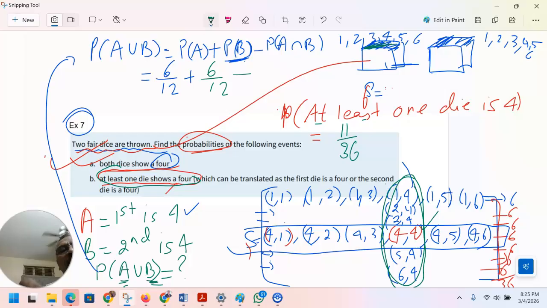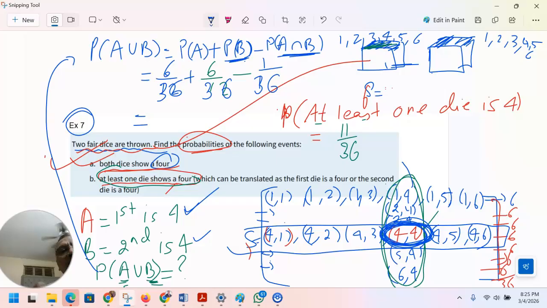And the next is both. It should be the first one is 4 and the second one also 4. So this is the piece, see, there's only one. I think I made a mistake. This should be 36, and this is 1 out of 36.